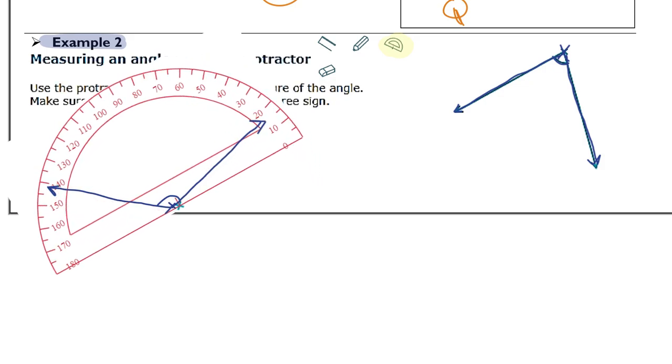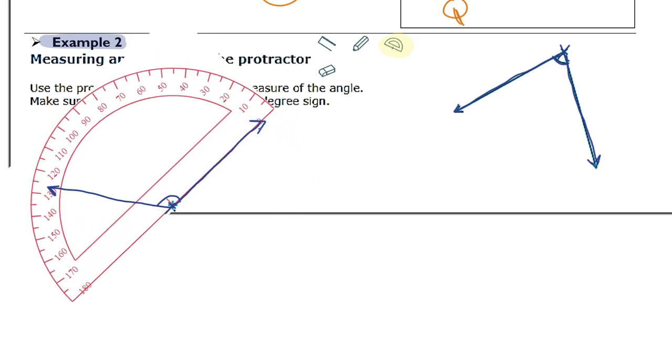Notice how we have 0 to 180. In this case, we have 0 over here. So we want to put this ray on 0. So the vertex, you click, and then you have the ray pointing to 0 here. And then we're going to move up all of these degrees to wherever this is.